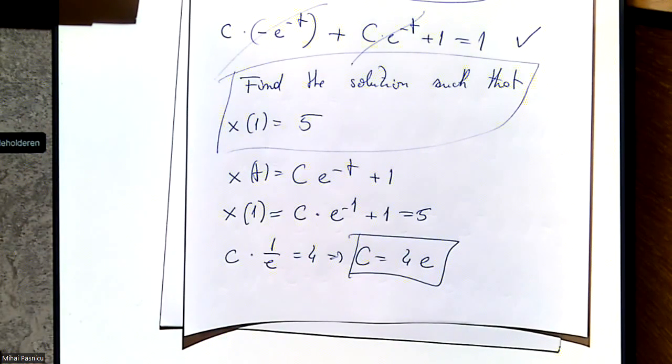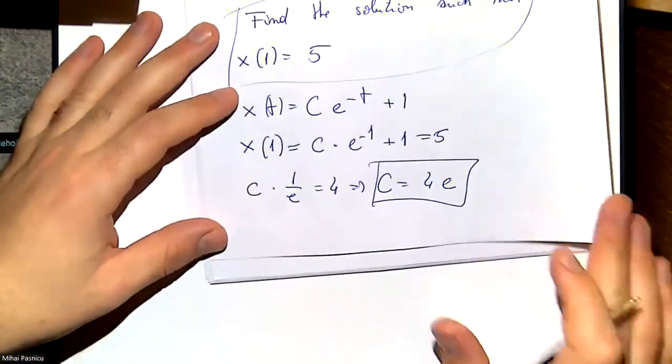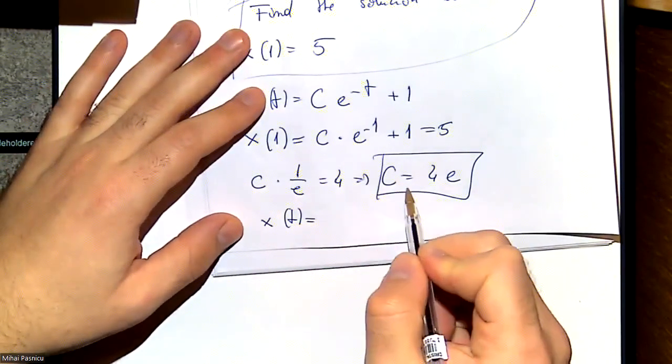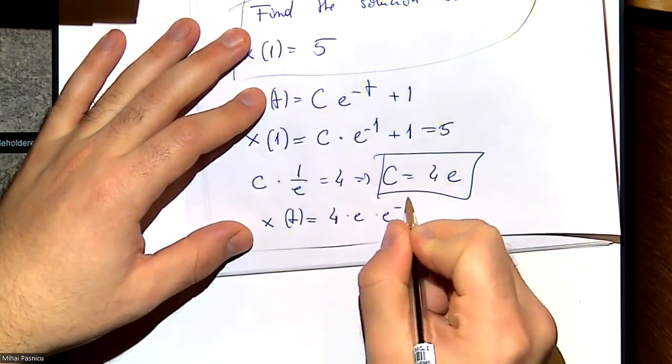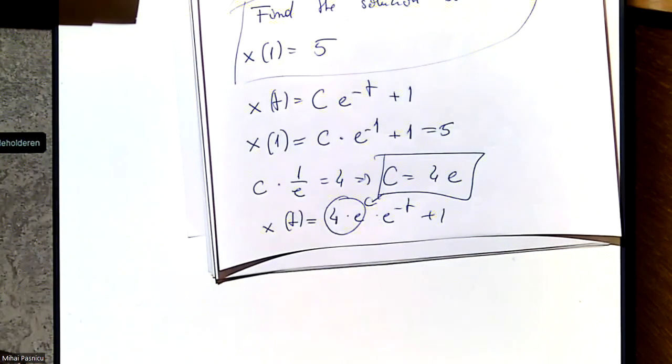That is all. If you want, you can write it specifically like x of t, and you just replace your constant: 4 over e times e to the minus t plus 1. I just plugged the constant in here. These are all the questions you can get on linear differential equations.